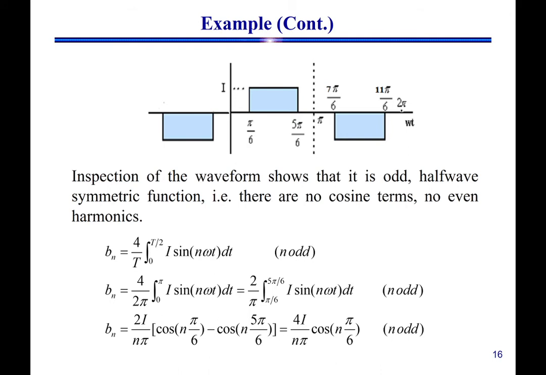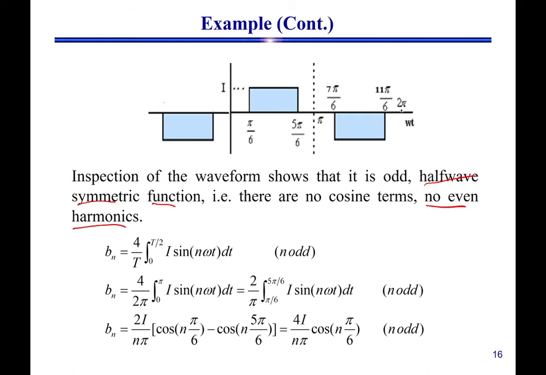Since it is also a half-wave symmetric function, the positive pulse and negative pulse are opposite to each other. That means there will be no even harmonics, because it has a half-wave symmetric function.